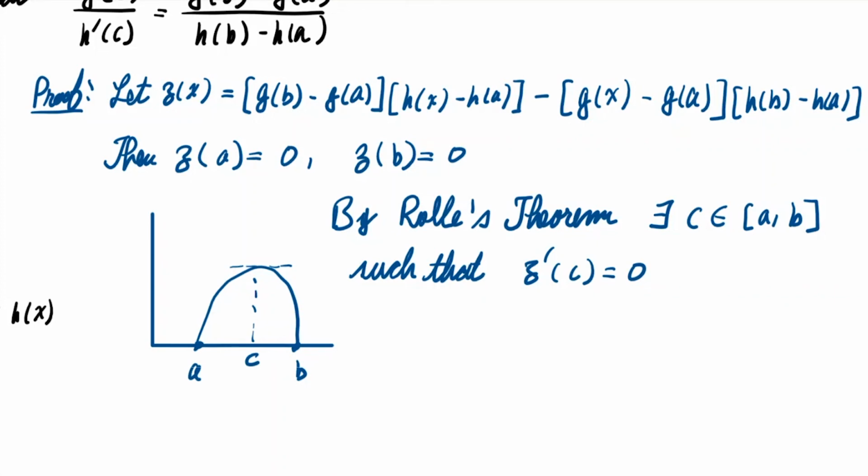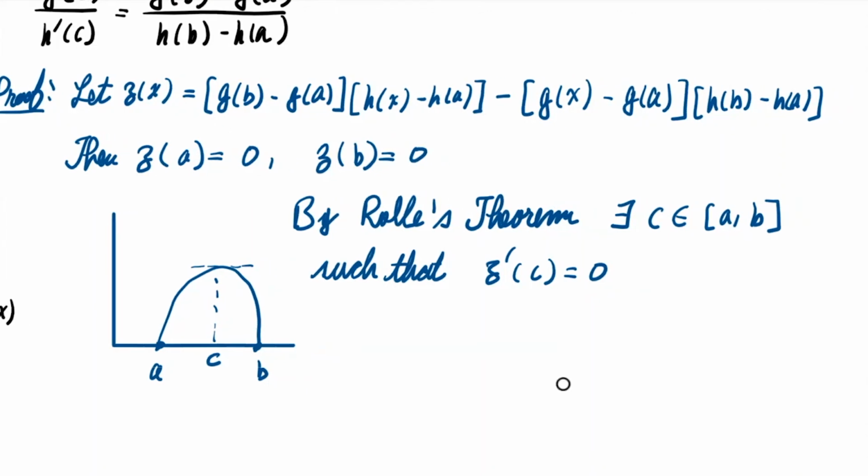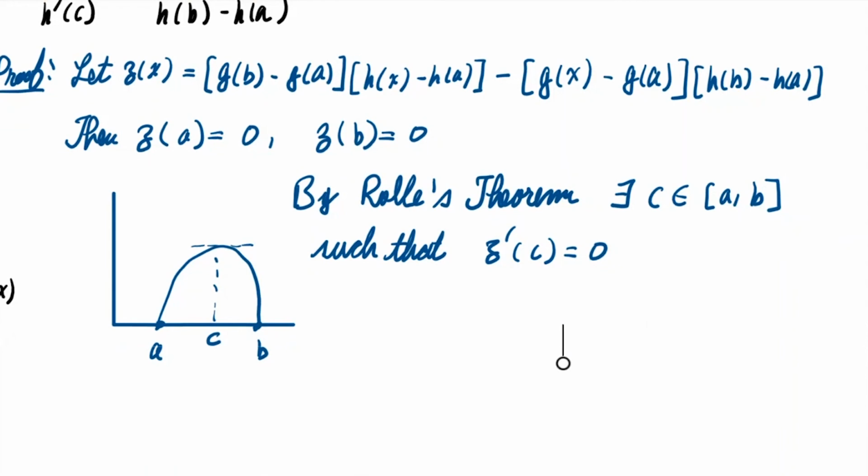Okay, let's just write down what that means. So my Z is here, right? Z prime of C is equal to 0.